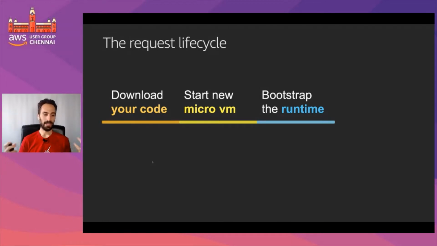So customers and partners have been developing custom runtimes for languages like PHP or Fortran, or I've heard of a customer running COBOL on AWS Lambda. So you can more or less run anything you want on AWS Lambda. After that, we can finally start your code. Okay, so your business logic, your handler.